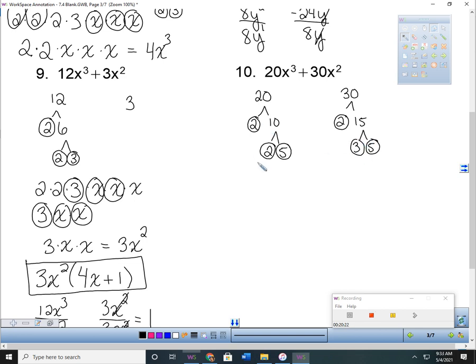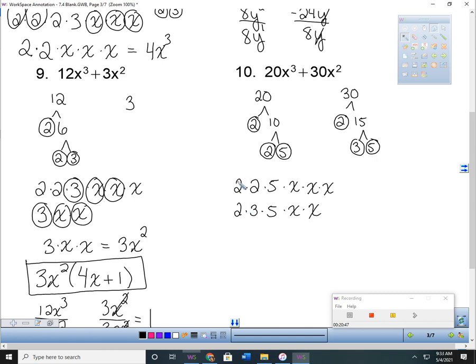So I always write them in order. Like I don't do like 2, 5, 2. I always do like 2, 2, 5, and then 20 has 3 x's. And then 30, I'm going to go in order 2, 3, 5, and 2 x's.